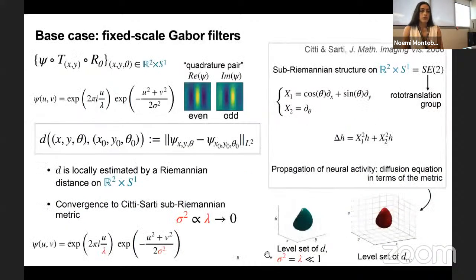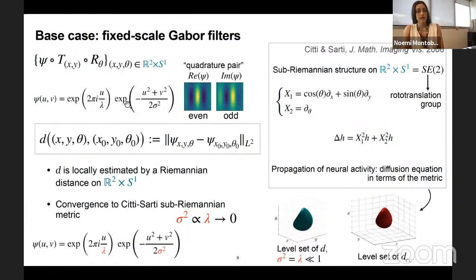As a first example, simple cells in V1, as we know, are often modeled as a bank of Gabor filters obtained by rotations and translations of a filter psi that is given by a complex exponential modulated by a Gaussian envelope.